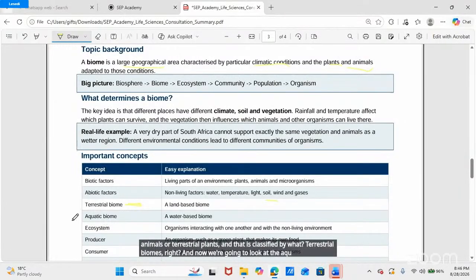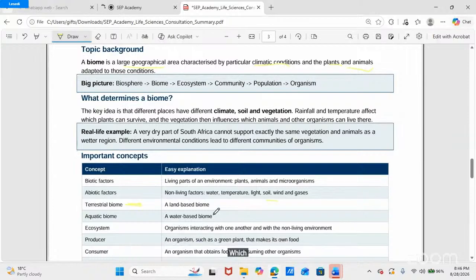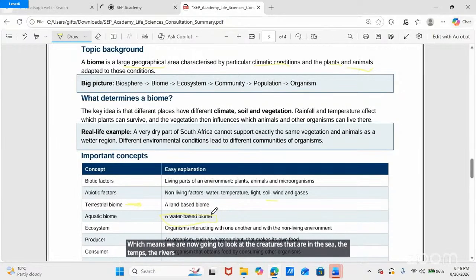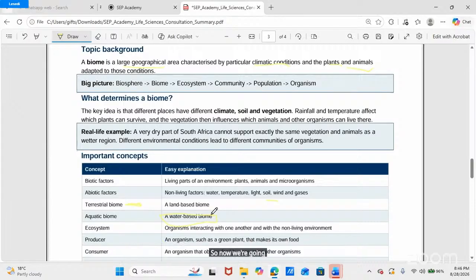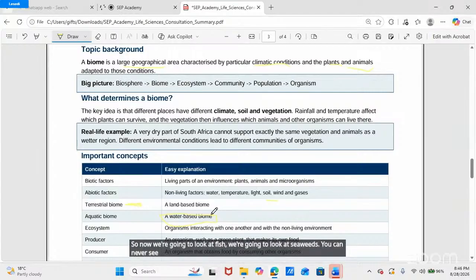That is totally a different one. That one talks about a water-based biome, which means we are now going to look at the creatures that are in the sea, the dams, the rivers, the ocean, and just life underwater. So now we're going to look at fish and seaweeds. You can never see seaweeds on land. It's not possible, and you can never see an octopus walking on land. That's a terrestrial animal.